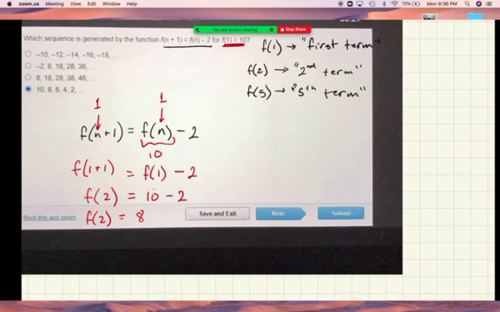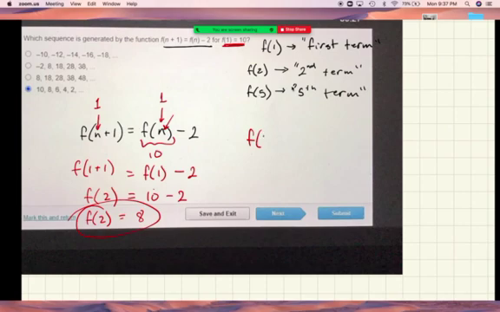If you wanted to find the third term, now we know f of 2, so we can plug in a 2 here and a 2 there. And then we get 2 plus 1 is 3, which will give us the third term, and then go on. I can't do this: say I want to find the 100th term.